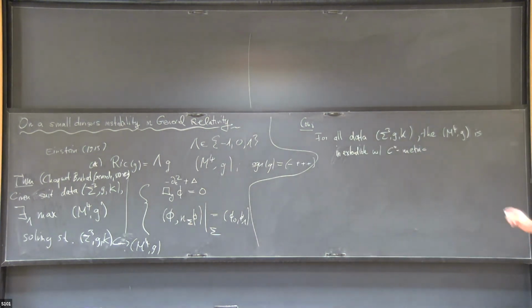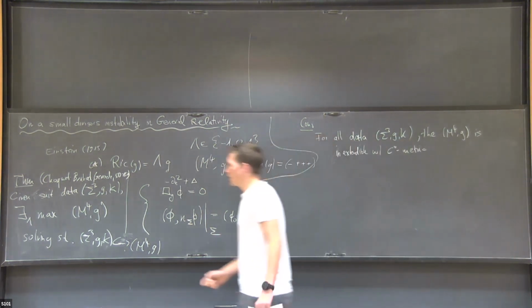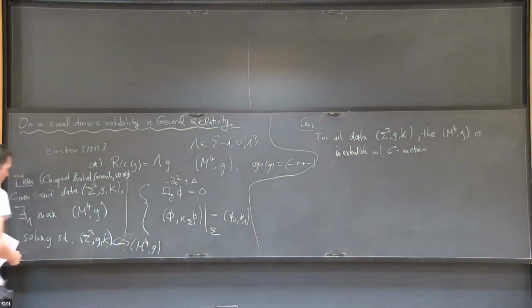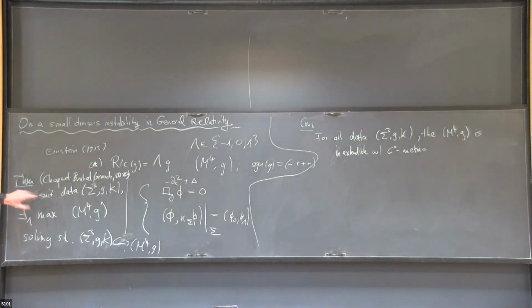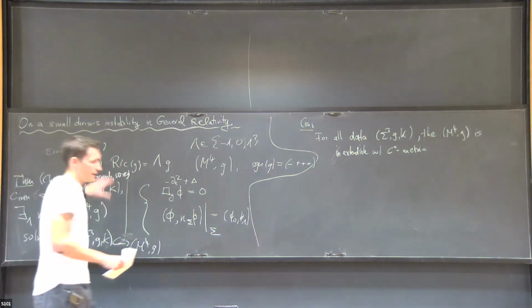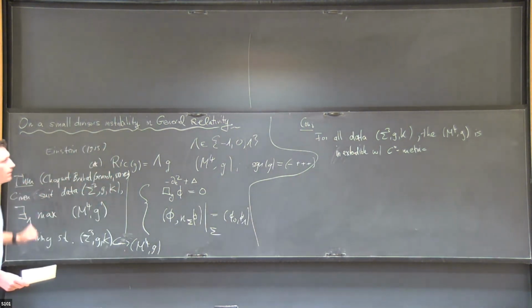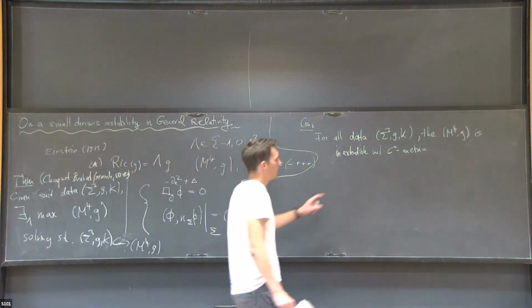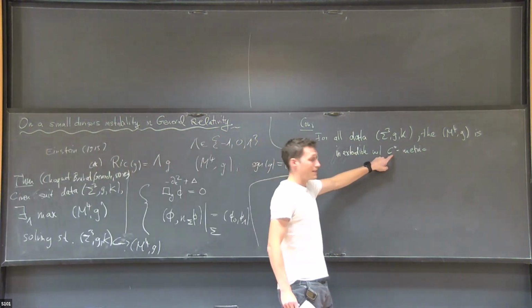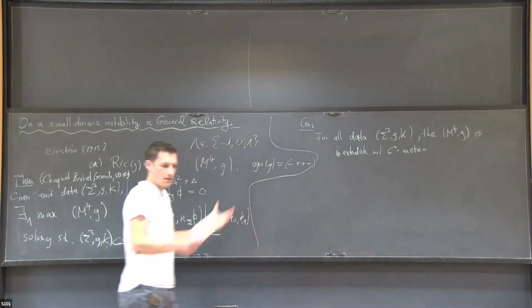So if true, this theorem would tell you the following: that for all such data, this maximal solution predicted by the theorem is in fact truly maximal, in the sense that if it is incomplete, which might happen, then it is incomplete for good reason, namely that the spacetime is C0 inextendable beyond the incompleteness.